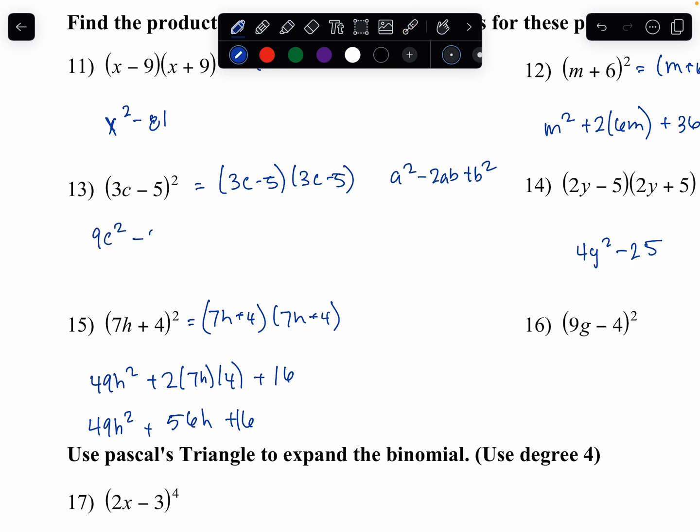And then minus 2 times 3c times 5. And then we're going to do plus 5 squared, which is going to be 25. And then when I simplify that, that's 9c squared minus, I'm going to multiply these numbers together, so that's going to be 30. And then plus 25.